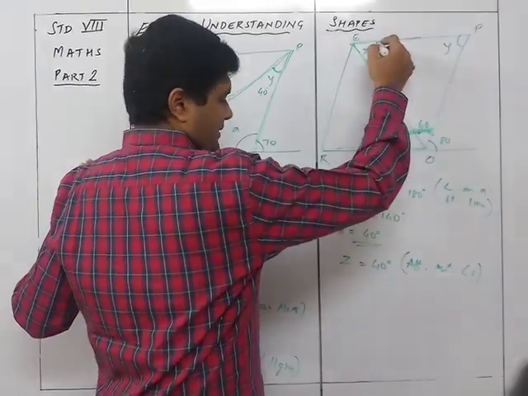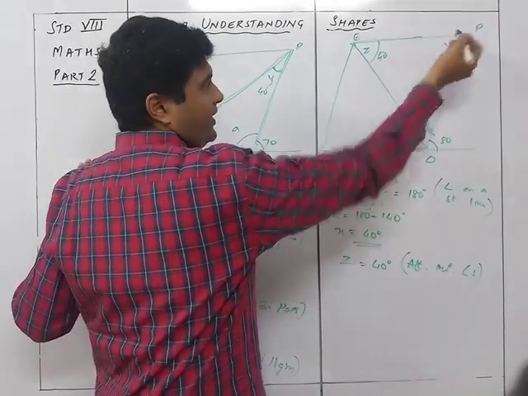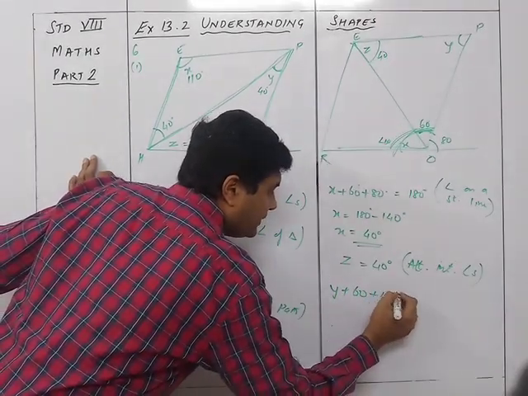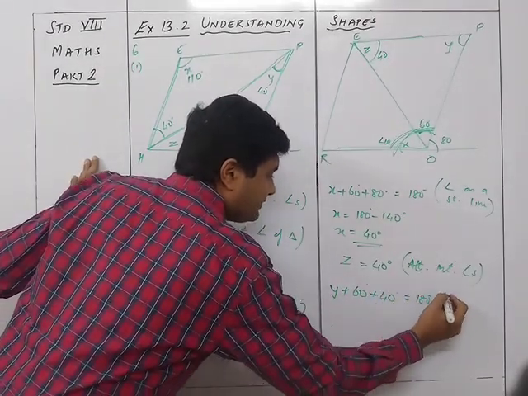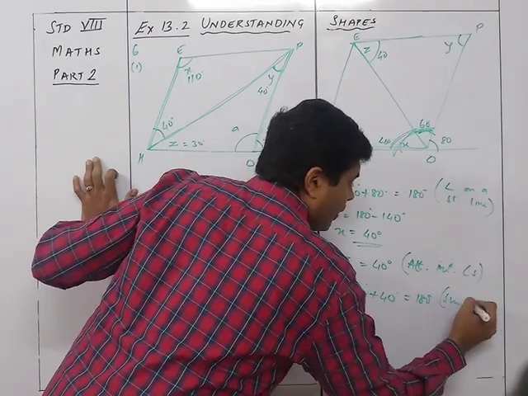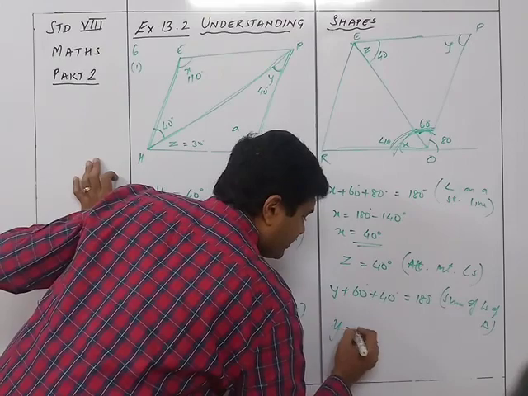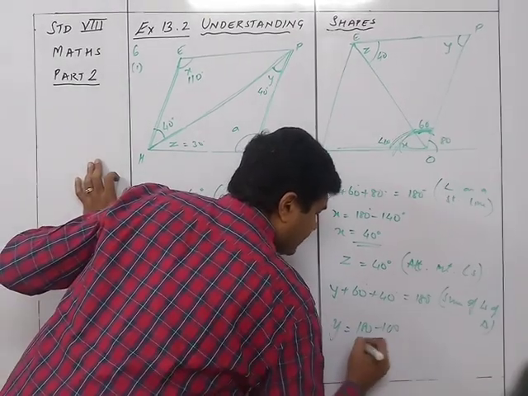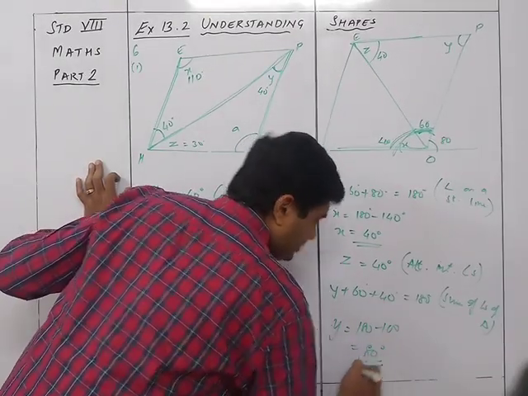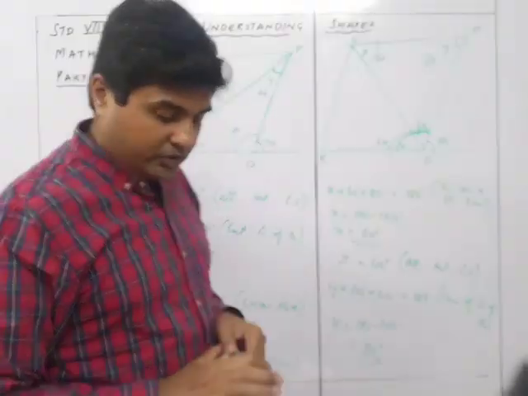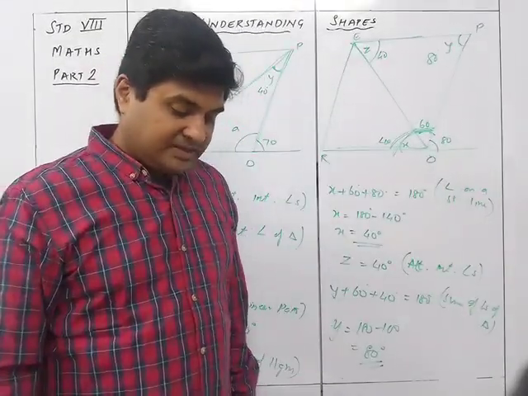So this is 60, this is 40. So we'll find out Y. So Y plus 60 plus 40 is equal to 180 degrees, sum of angles of triangle. So Y is equal to 180 minus 100 is equal to 80 degrees. So that's 80 degrees.